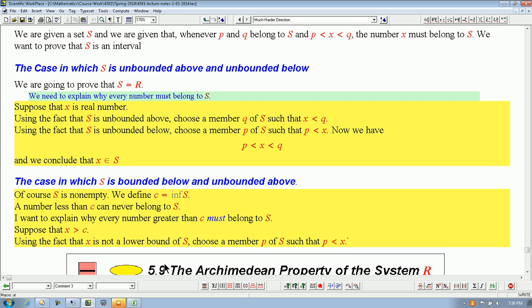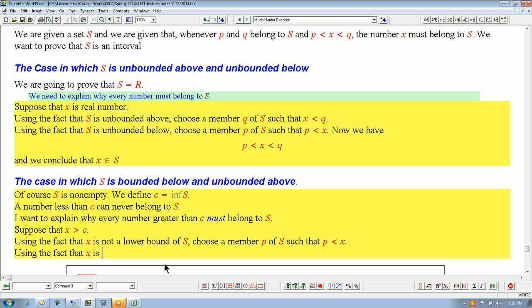Okay, using the fact that X is not an upper bound of S. How do you know that? There is no upper bound, so X can't be one. Using the fact that X is not an upper bound of S, choose what?